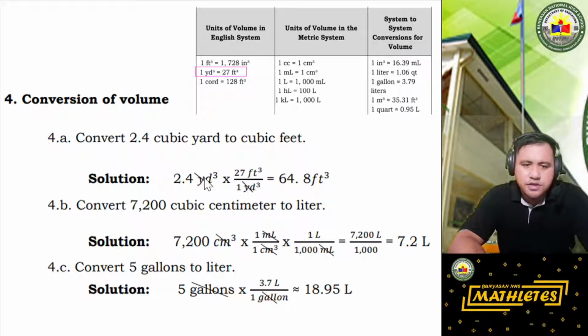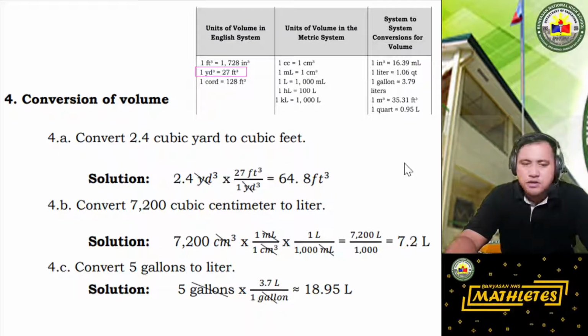Again, because the problem uses the cubic yard as its unit, the conversion factor must be in this form. So the cubic yard must be in the denominator. Why? In order for us to cancel the cubic yard. So we have 2.4 times 27 is equal to 64.8 cubic feet.